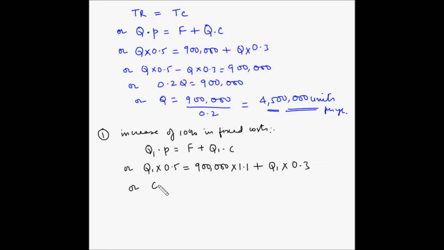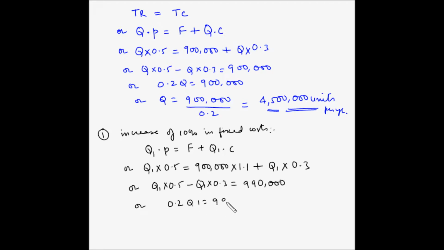So Q1 multiplied by 0.5 minus Q1 multiplied by 0.3 is equal to 990,000, or 0.5 minus 0.3 is 0.2.